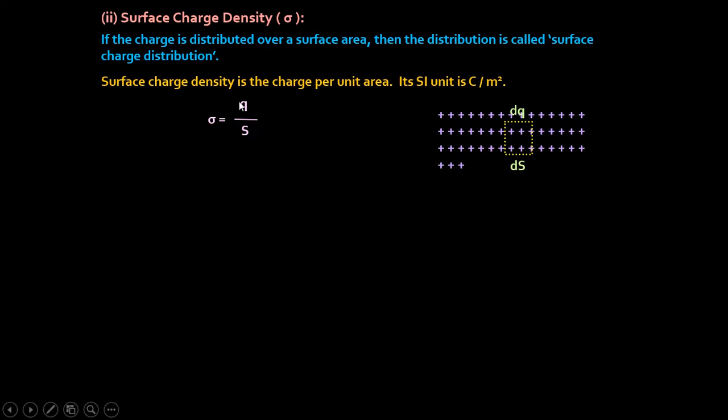Then use the same formula, sigma equal to dq upon ds. In place of q I have taken dq, in place of s I have taken ds. dq equal to sigma into ds.